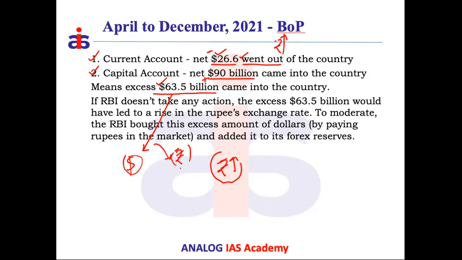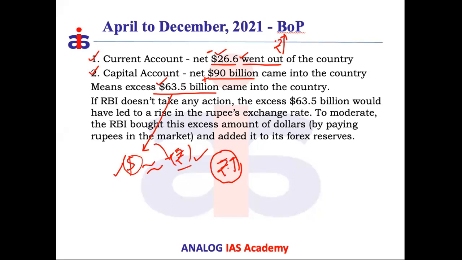That means rupee supply is increased, dollar availability decreases. So now you are trying to create a balance so that the exchange rate is almost always maintained at the same level even after there is excess. These many billion dollars came into India, so that exporters will not feel that they are losing anything. They are continuously encouraged to go for exports.